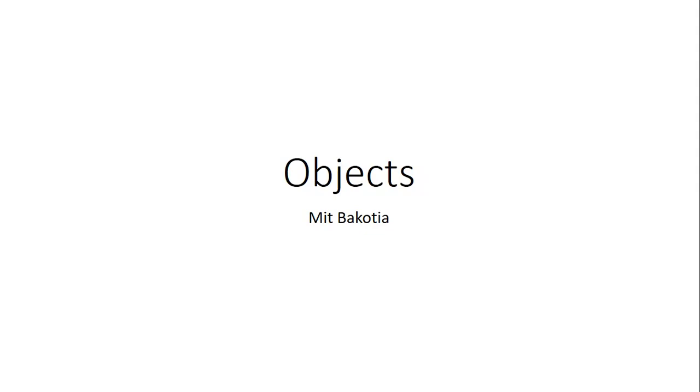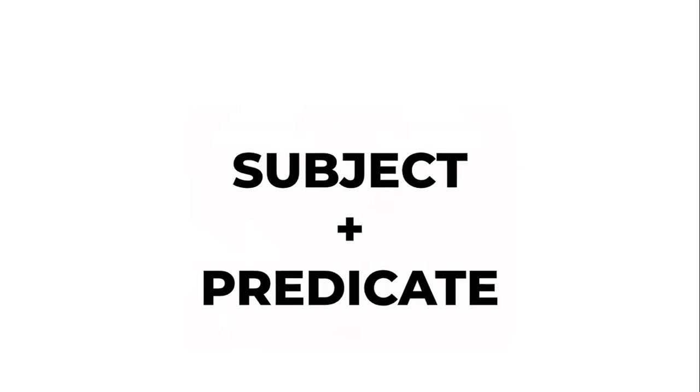So, in the first video of our English grammar series, we saw that an English sentence is made up of a lot of parts of speech like nouns, pronouns, adverbs, adjectives, prepositions, conjunctions. But we saw that mainly our English sentence is divided into two parts, a subject and a predicate.